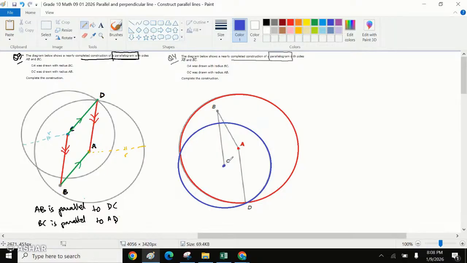C is the center of the smaller circle. Over here, we are given a pair of parallel lines already. That BC is parallel to AD. We need to complete a parallelogram within this diagram.